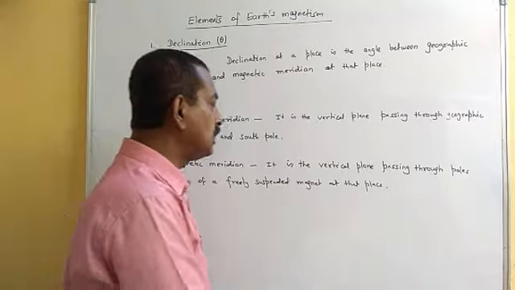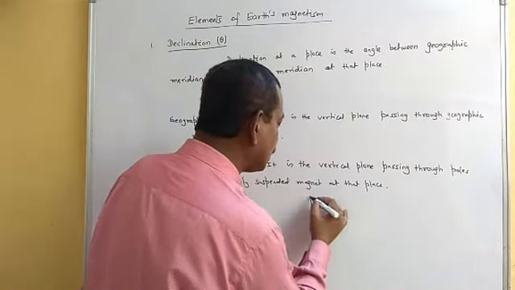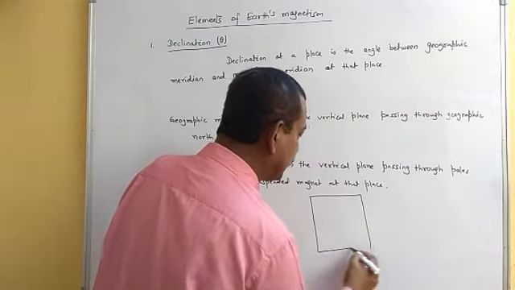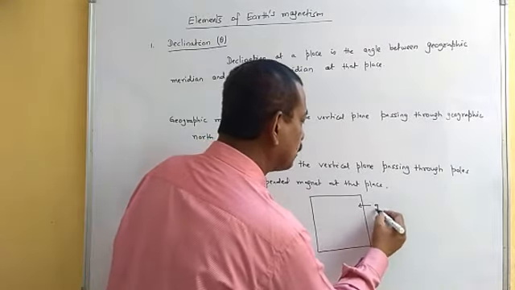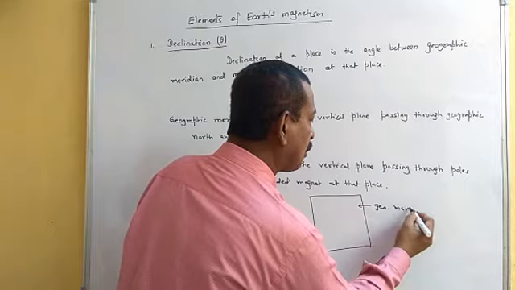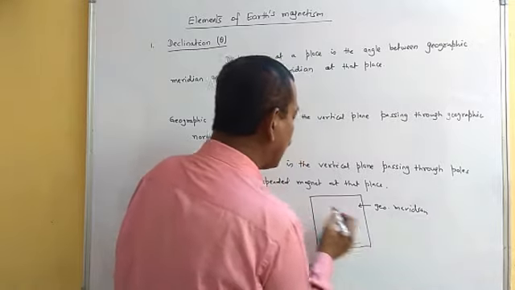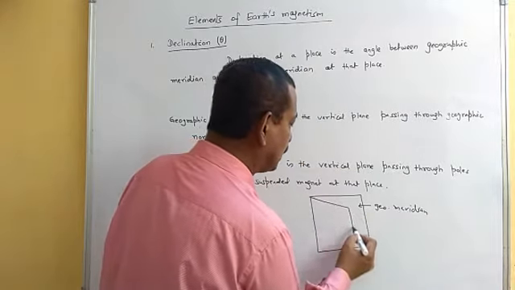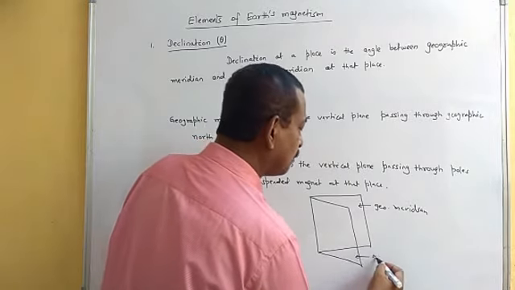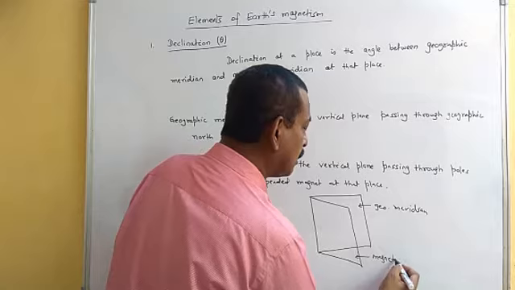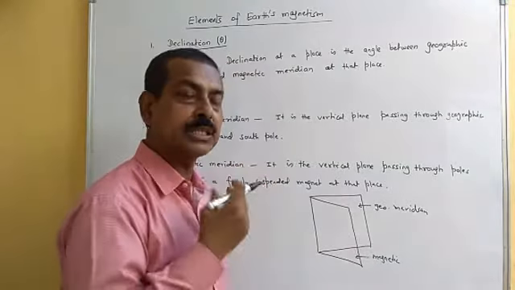Suppose this is represented as the geographic meridian. And suppose this one is represented as the magnetic meridian. This is the vertical plane passing through the poles of a freely suspended magnet.